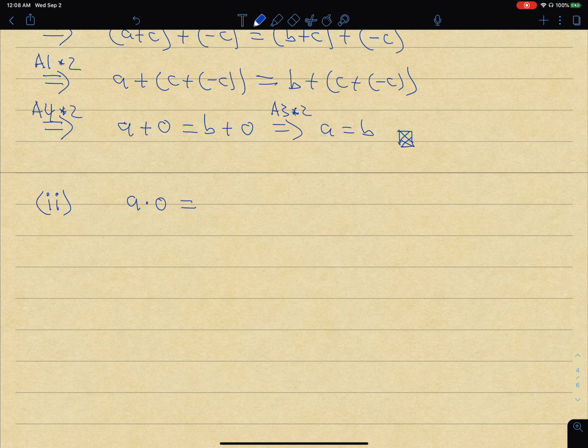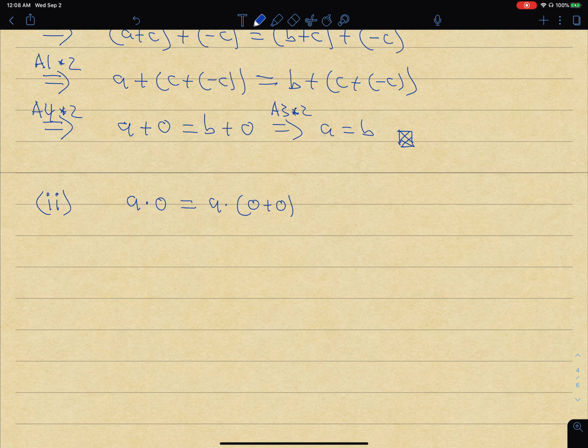Okay, but to use the distributive law, I have to be able to distribute something. And if I have A times 0, there's nothing to distribute here. So I'm going to invent something where I can distribute. So, okay, I can write this as A times 0 plus 0. Why are those going to be the same thing?